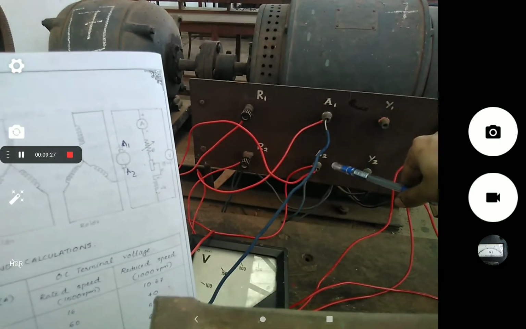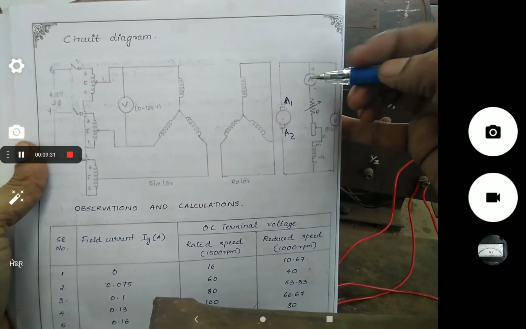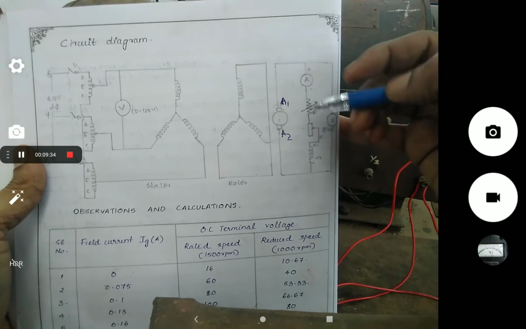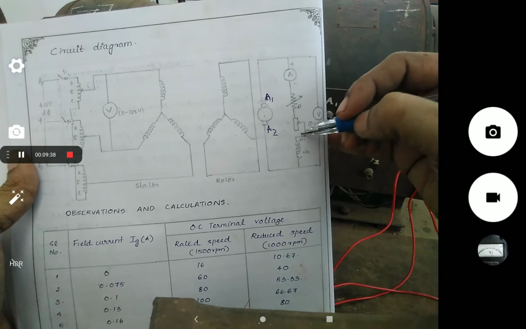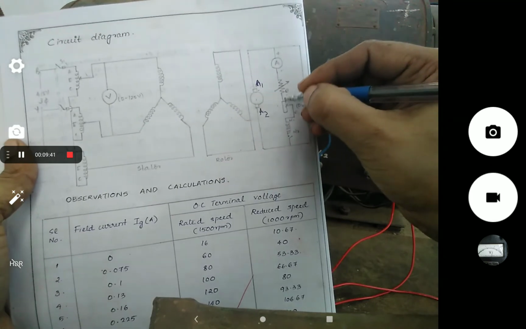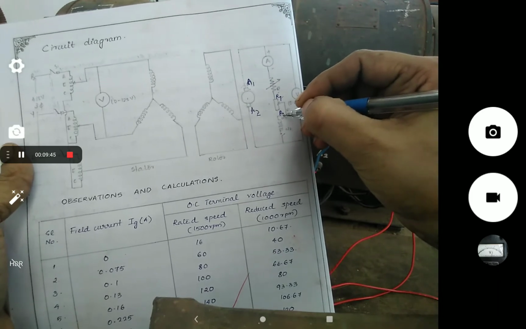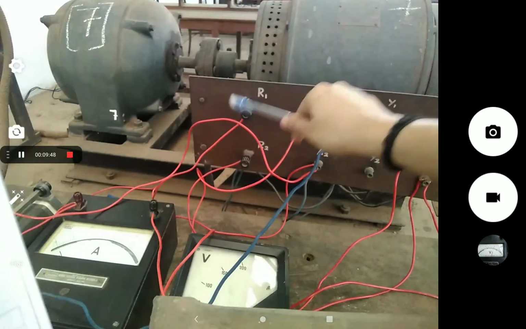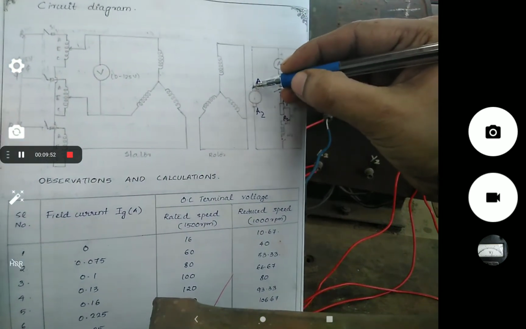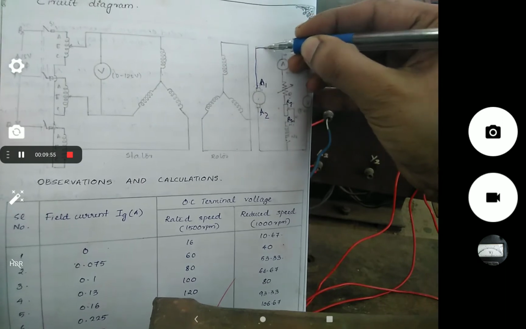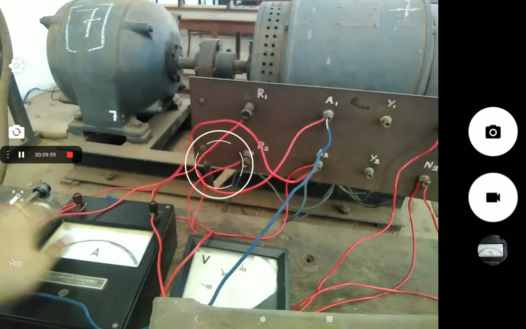So you can start the connection from A1 to ammeter positive. This A is the ammeter, then a rheostat you have connected, and this is the internal resistance point R1 and R2. So connect a wire from A1 to ammeter positive.